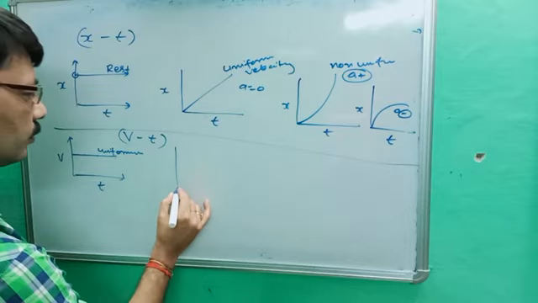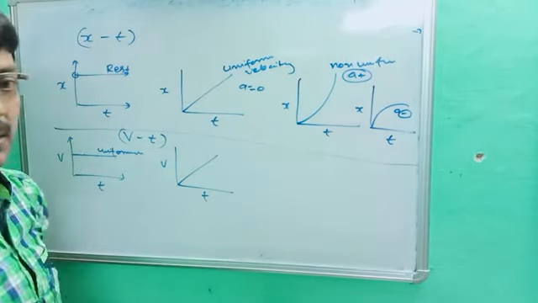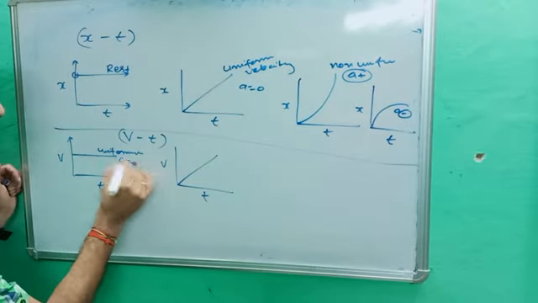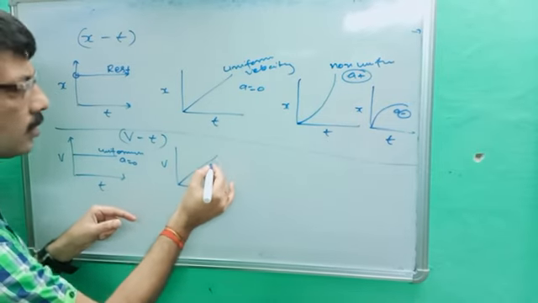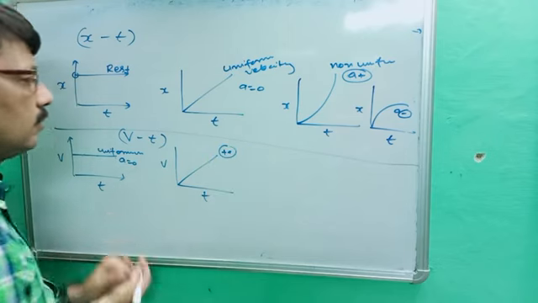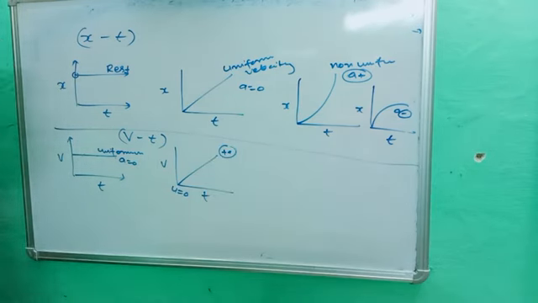Second graph, if you are getting a vt graph like this, no doubt uniform, it means acceleration will be what? 0. If you are getting a line like this, it means your velocity regularly increases. This is called positive acceleration, where u is equal to 0. Keep in mind here u is equal to 0.